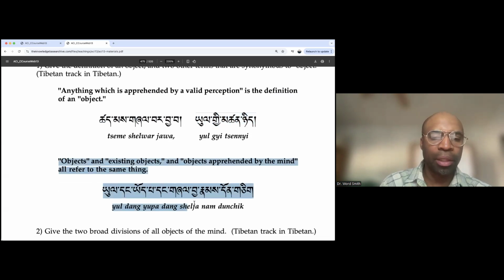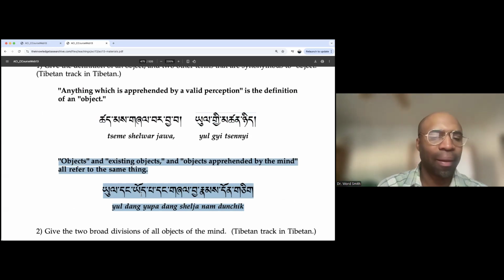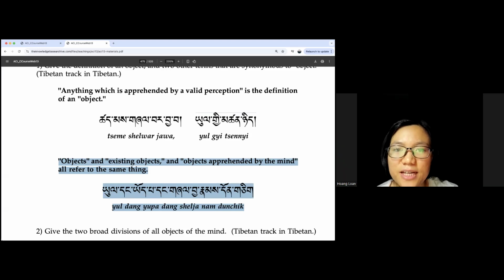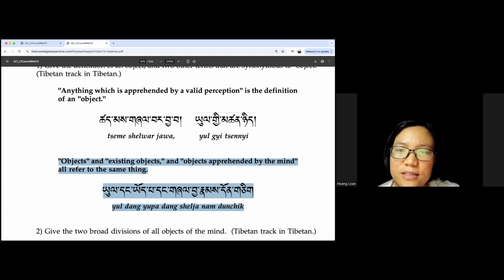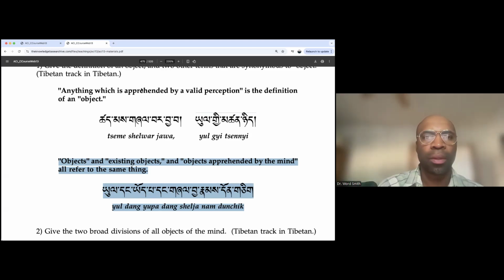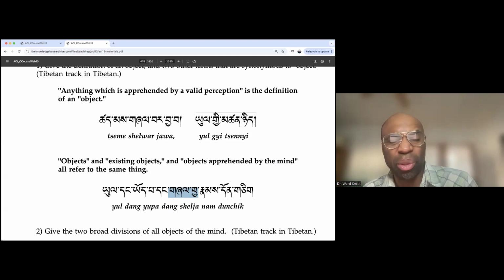I read this one. Object and existing objects and objects apprehended by the mind all refer to the same thing. Yul, object, and yupa, existing object or existing thing, and shelja, a knowable thing, well, weighable, literally.